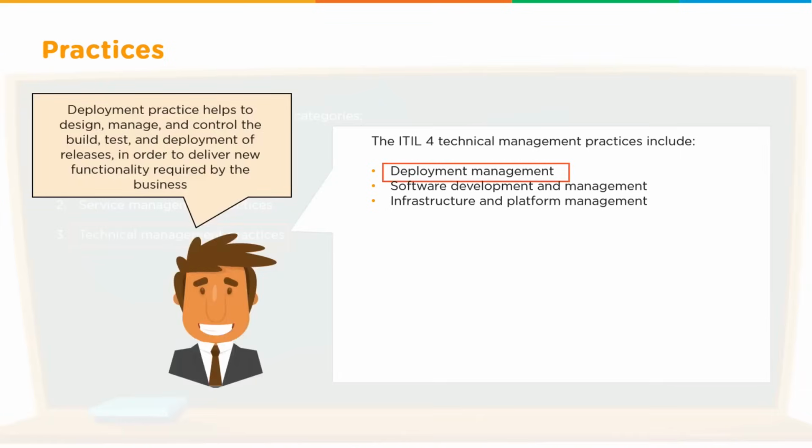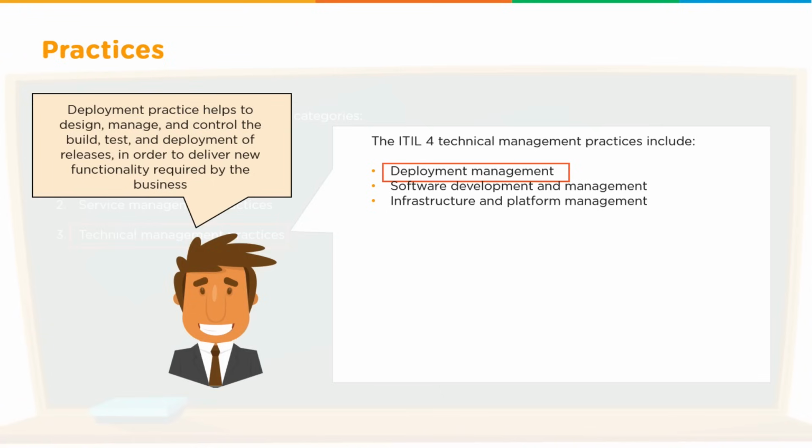When I say deployment management, as you design and transition, obtain and build to deliver, you need to deploy. While deploying, that deployment has to be scheduled, like the release scheduling we do. Once that is scheduled, the deployment would happen at a certain point in time. The deployment practice helps in designing, managing and controlling the build, test and deployment of releases in order to deliver new functionality required by the business.